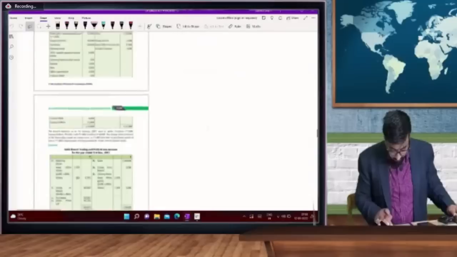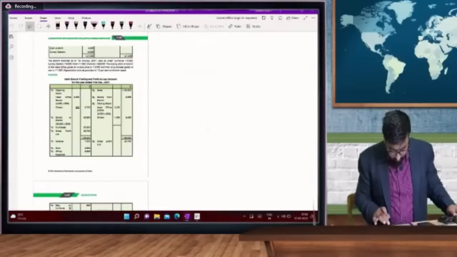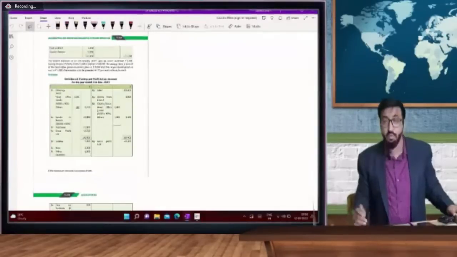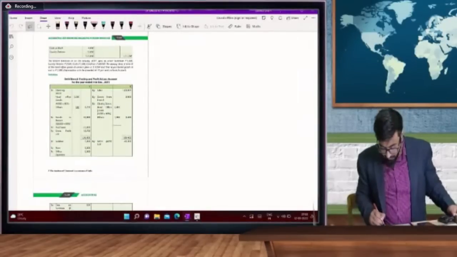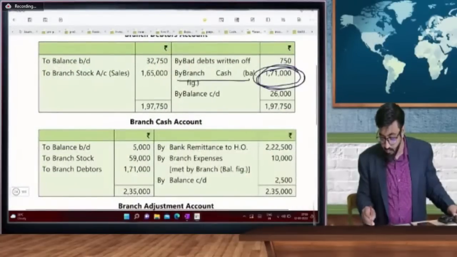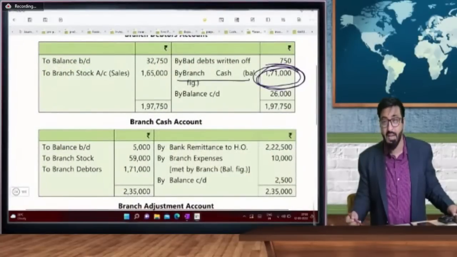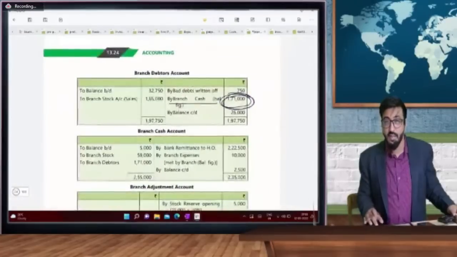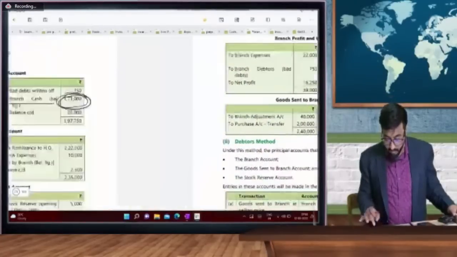Now what is your question, Mukta ji? Can you repeat this? See, the 1,71,000 branch cash is a balancing figure. And you are saying that in the stock and debtors method, you are getting a different answer.